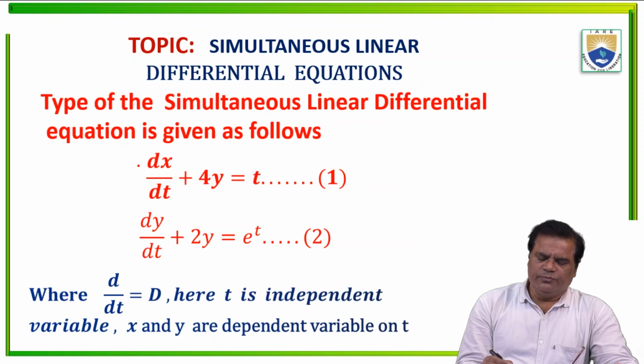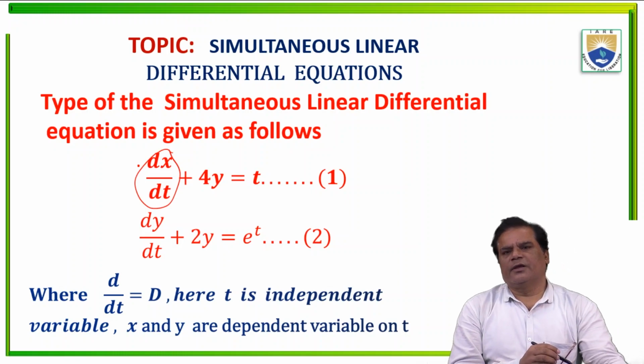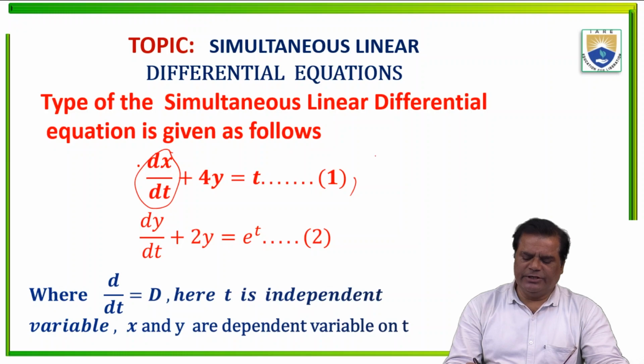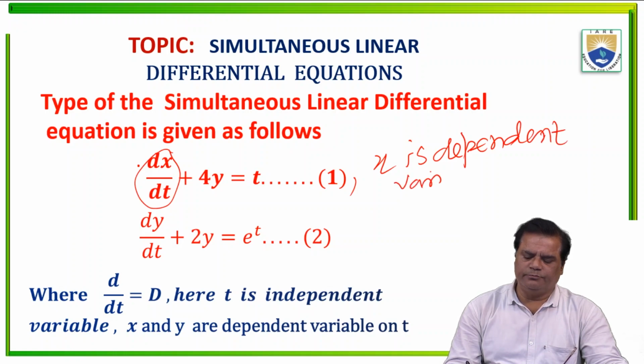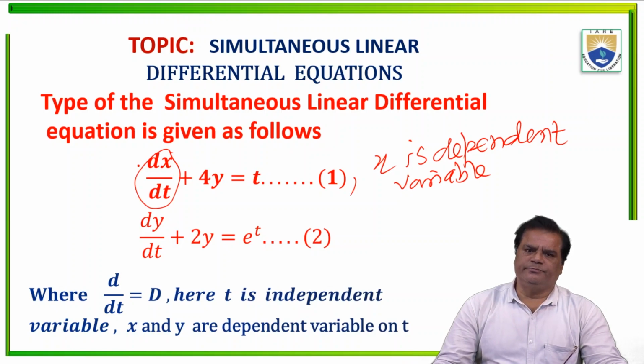So here in our example, we see dx over dt. Here x is a dependent variable, which is dependent on t.